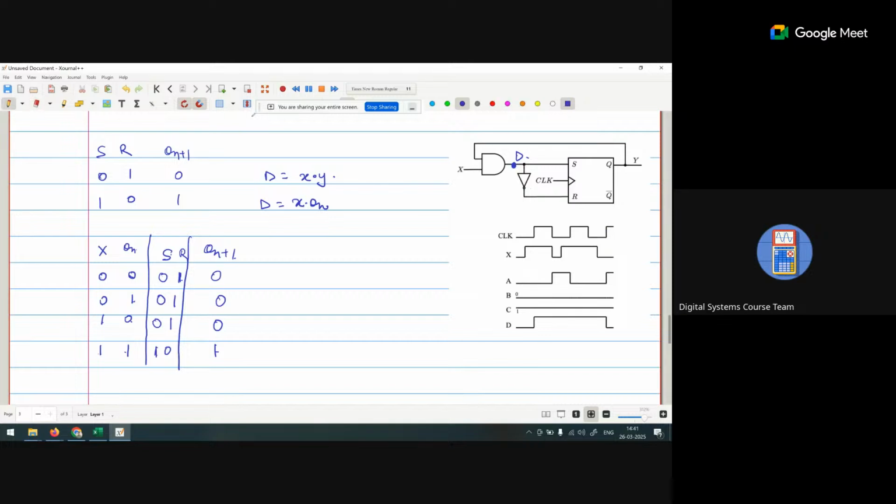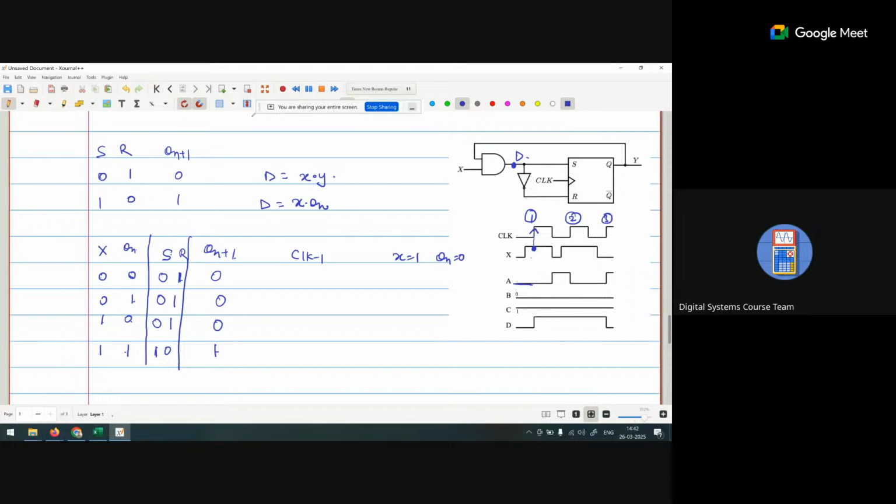Now if we are talking about this state, X is 1. I am just talking about clock 1, when X is 1. But what is the output if we consider that this is a 0?